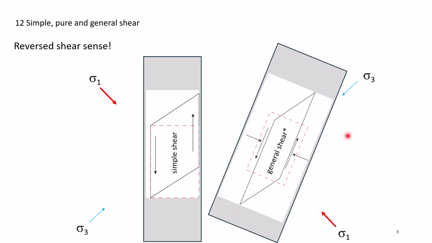Also in this example, we would have a sinistral component of simple shear, but since this shear zone is not oriented at 45 degrees with respect to sigma 1, we are looking at a general shear zone with a simple shear component that is sinistral.